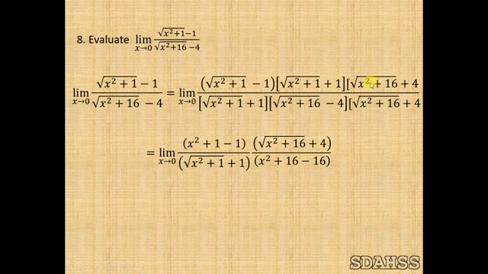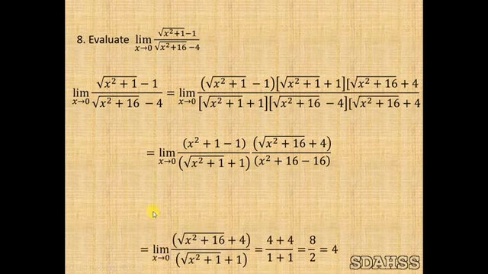You keep this one as it is, root of x square plus 16 plus 4 divided by, similarly, root of x square plus 1 plus 1, you keep it as it is. Here root of x square plus 16 minus 4 into root of x square plus 16 plus 4 is in the form of a minus b into a plus b. A minus b into a plus b is a square minus b square. So this can be written as x square plus 16 minus 16.